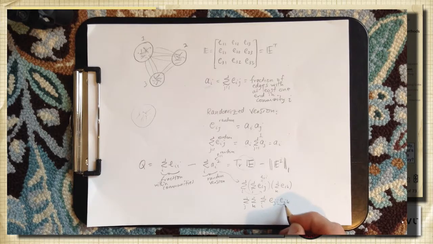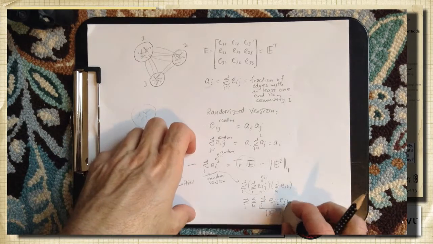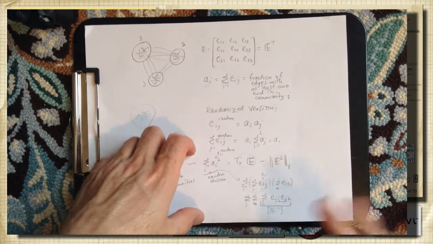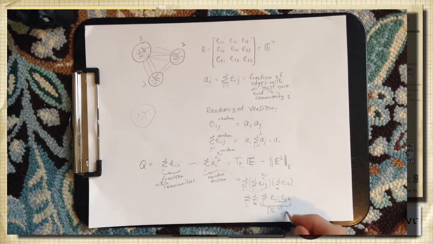So these guys match up, and this piece here is the jkth entry in E squared. This is the definition of matrix multiplication, row, column.